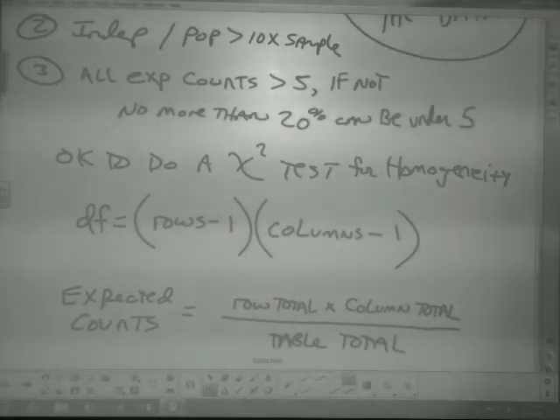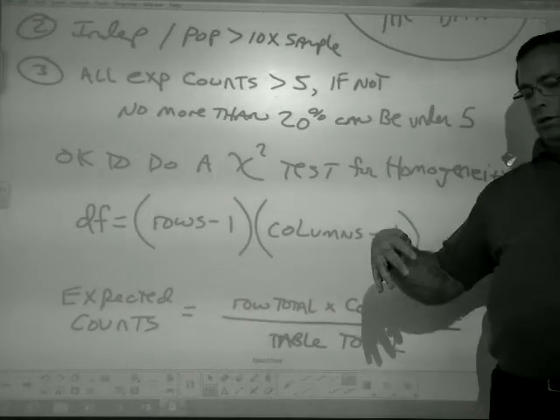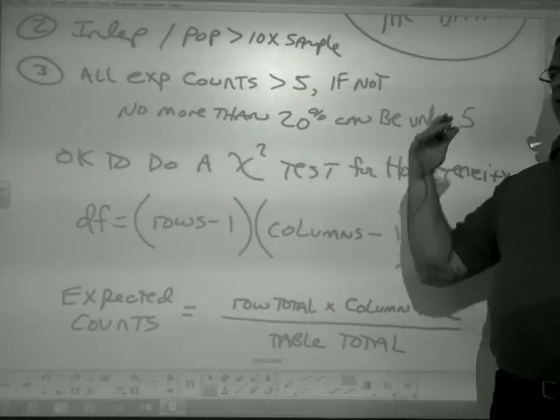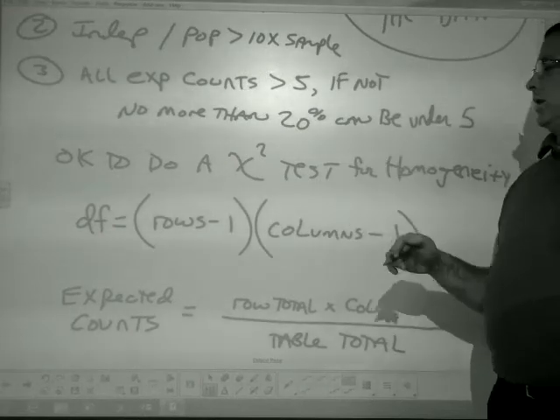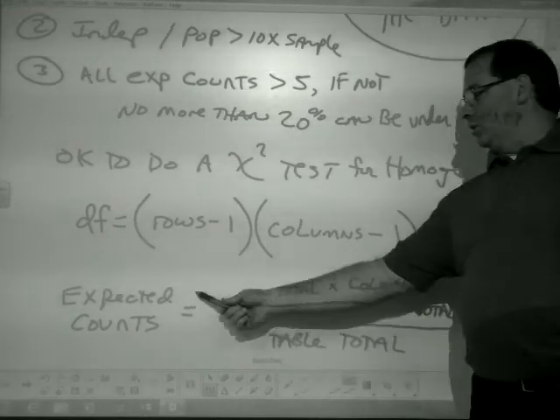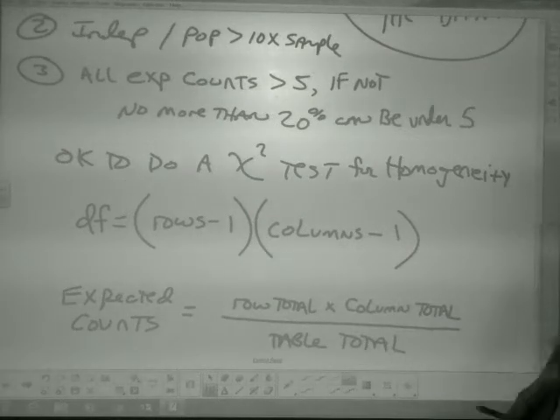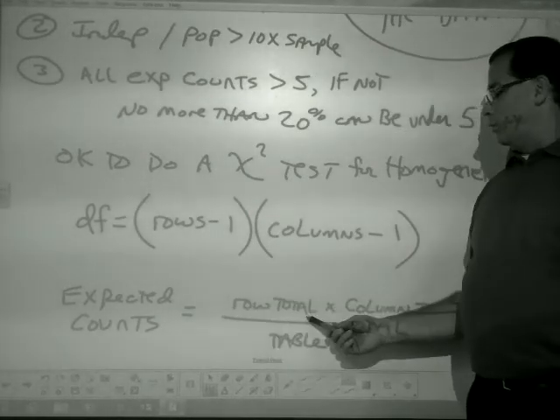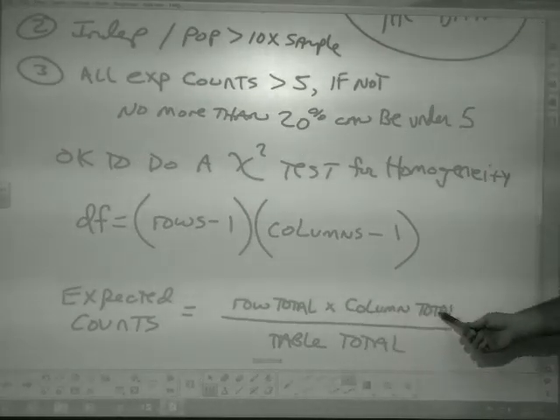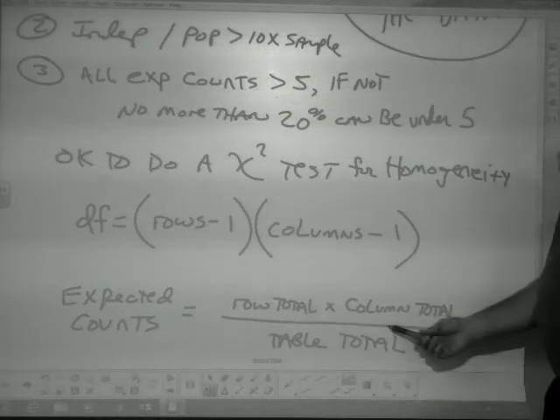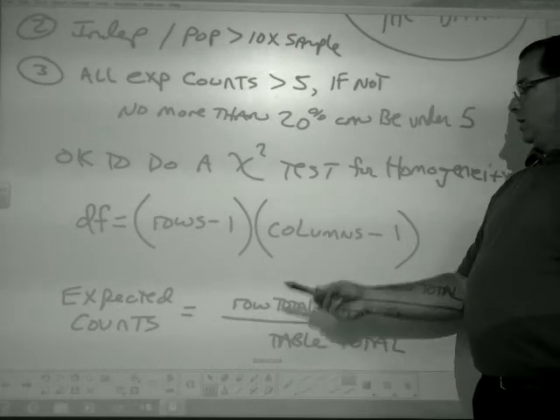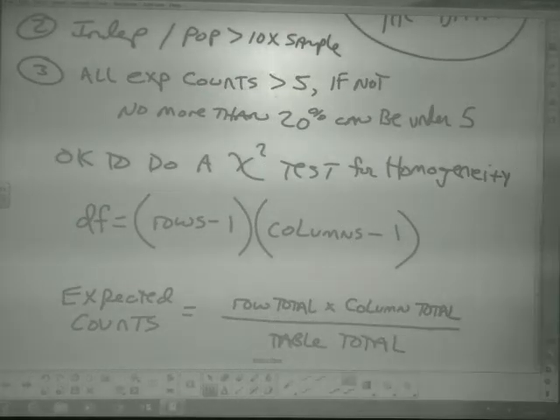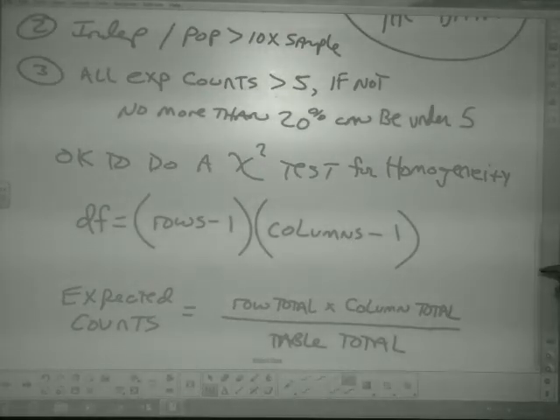Expected counts. Before, with goodness of fit, we could take the percentages of what we knew they should be times your sample size to get the expected counts. Here, expected counts are a little bit more difficult. What we have to do is take the total of the row times the total of the column and divide it by the total of the table for each box to get the expected count. All right?